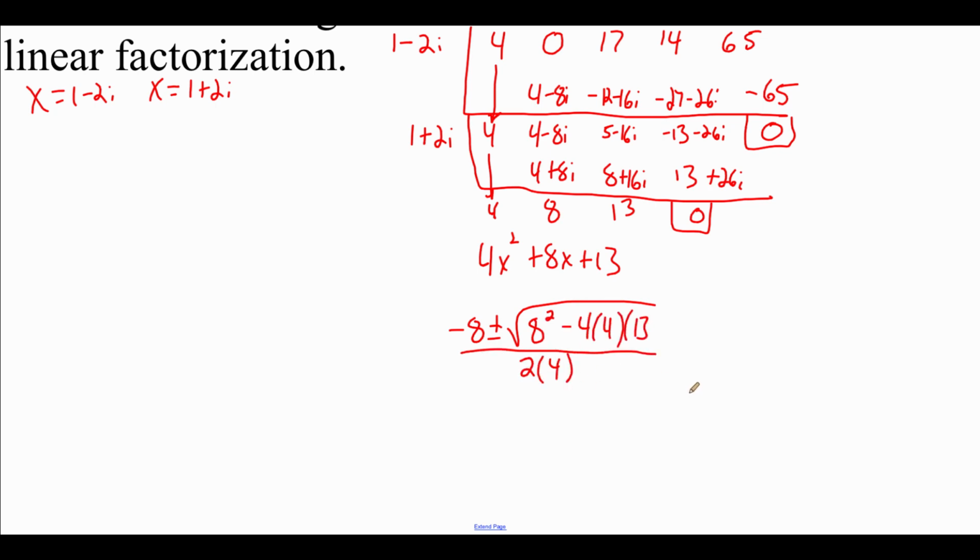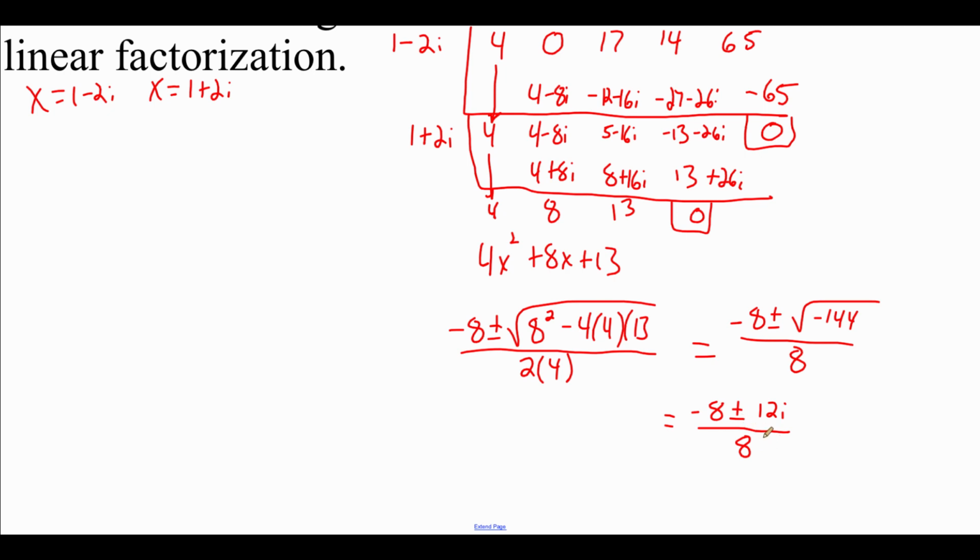So I've got my a, b, and c values plugged in there, but I can simplify this down. Now as I'm looking at this simplified down version, we've got that square root of -144. Now 144 is nicely square rootable, and since this is negative, we're going to end up with an i in there. So we have -8 plus or minus 12i all over 8.